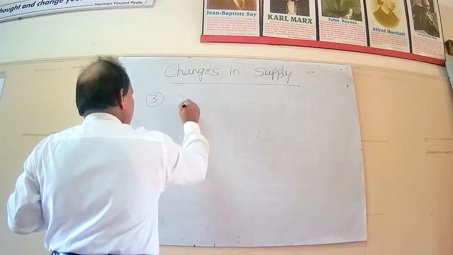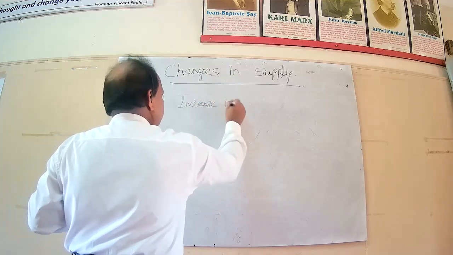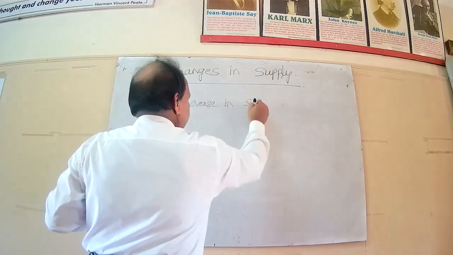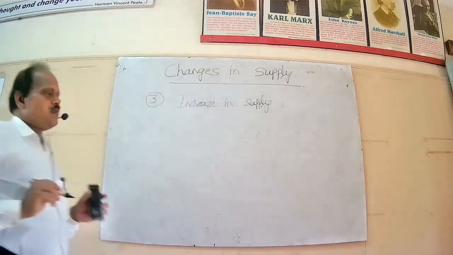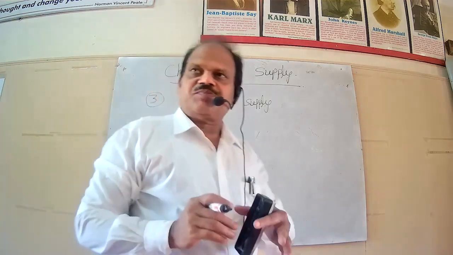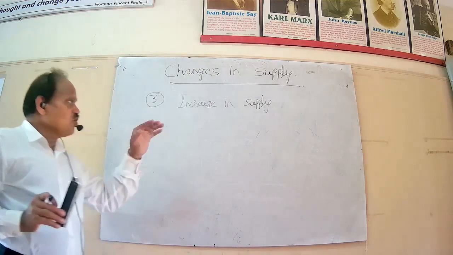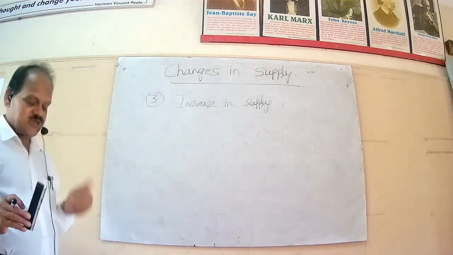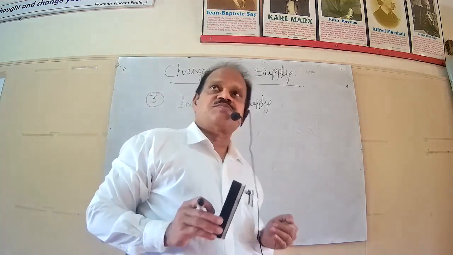Increase in supply. So it is another type of change which can be noticed. What do you mean by increase in supply? If more quantity is supplied at the same price due to the changes in the factors other than price.